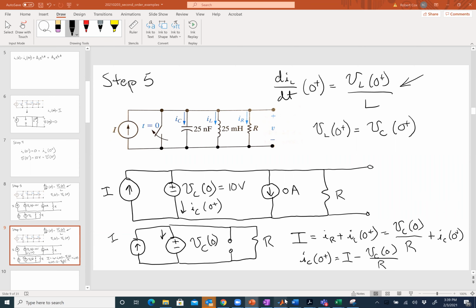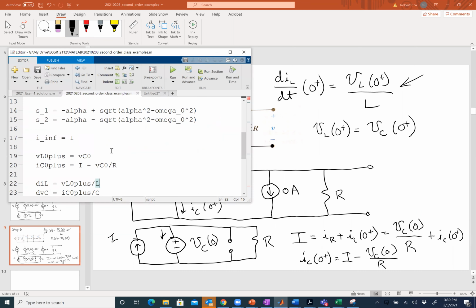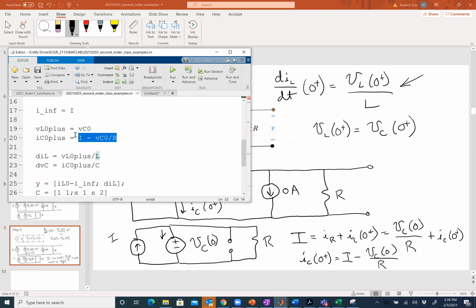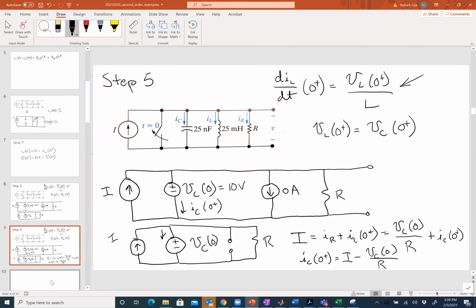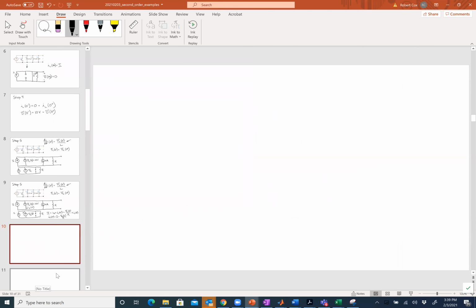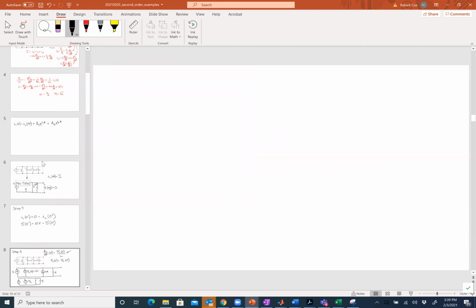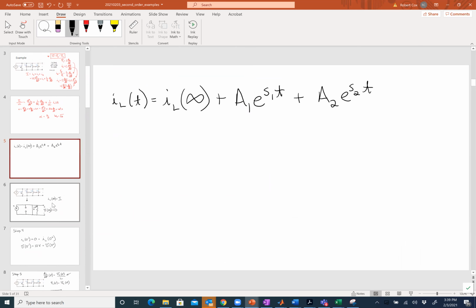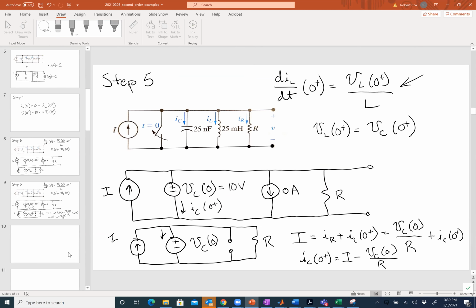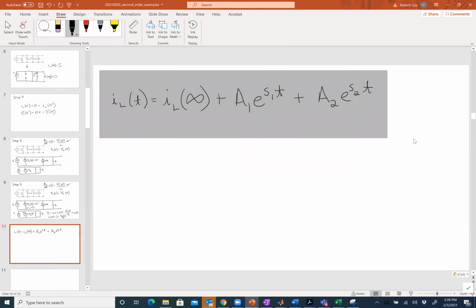All right, so in my Matlab code I put in that expression: IC of 0 plus is I minus the initial voltage divided by R, and then I get my derivatives. Now I'm on to step 6. Step 6 is, well, we had this guy. Let's drop this over here.